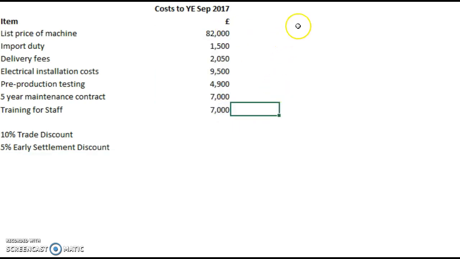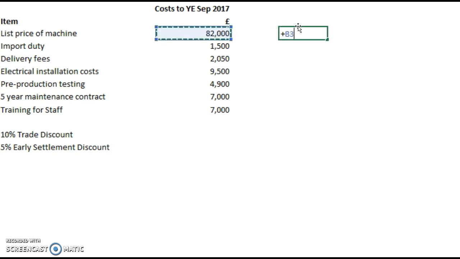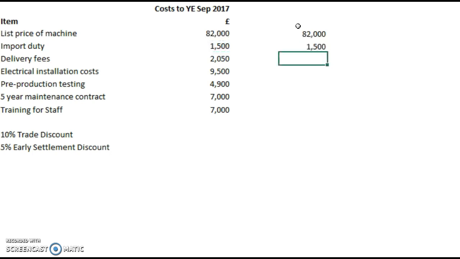Well, we need to think the main overarching principle of CapEx is that it's to bring the machine to its current position, its current location, and ready for use. So we can just add these straight across. Obviously, the list price of the machine. The import duty, well, yes, we'd have to pay that to get it to the right place.